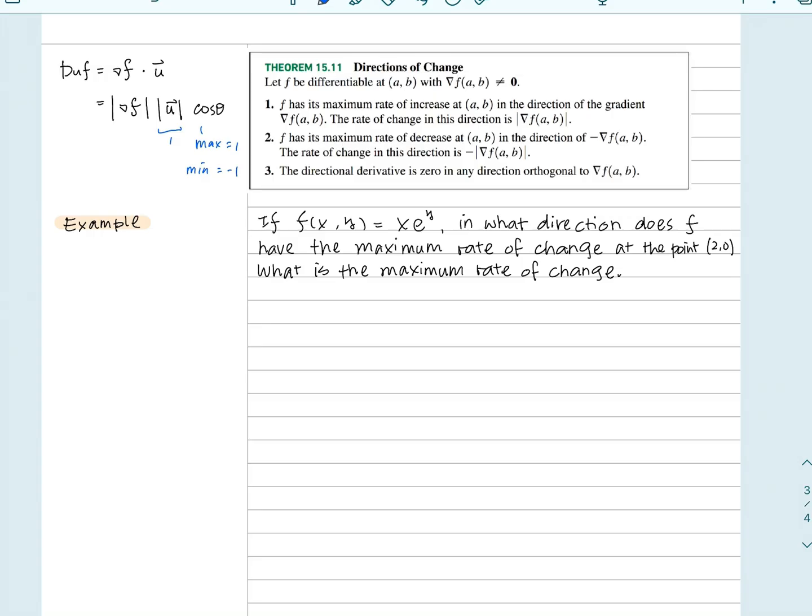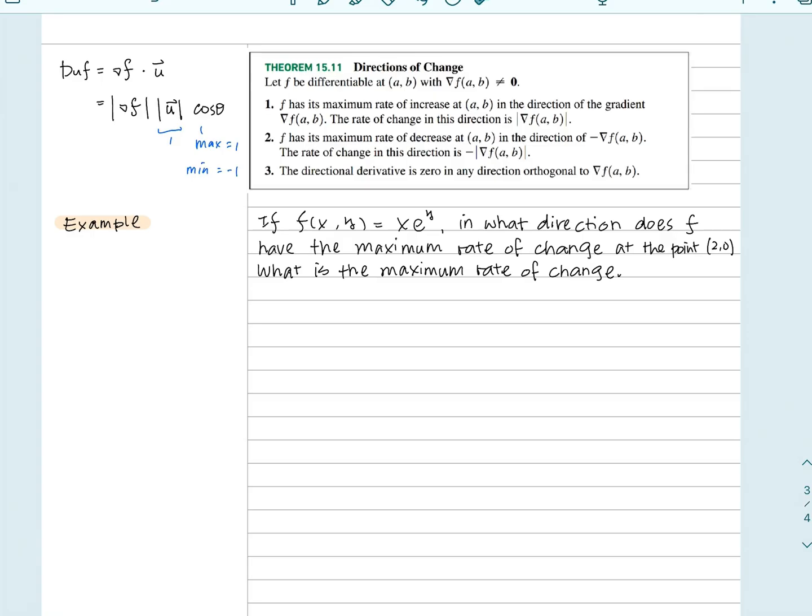So if we are changing the function in the direction of the gradient vector, then the directional derivative can achieve the maximum value. So f has the maximum rate of increase at the point in the direction of the gradient vector. So when u has the same direction as the gradient vector, then the rate of change is maximized.